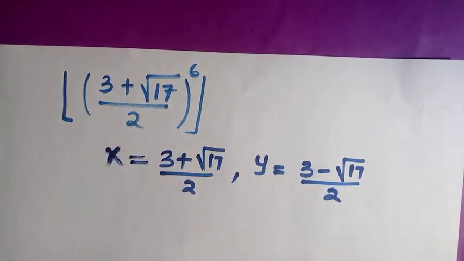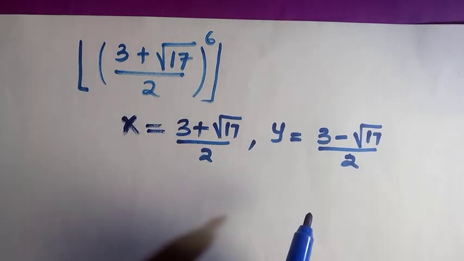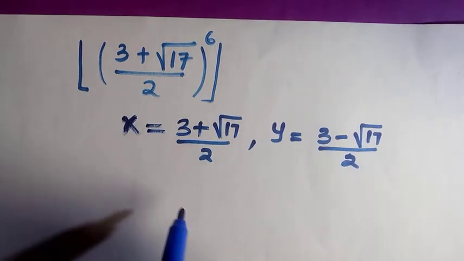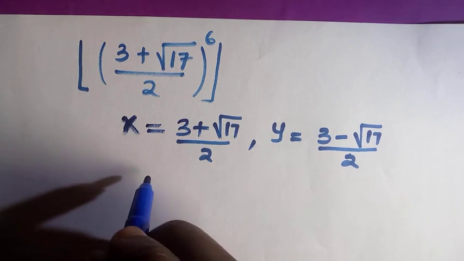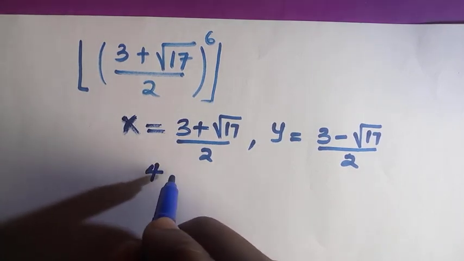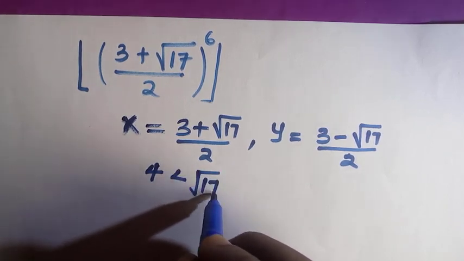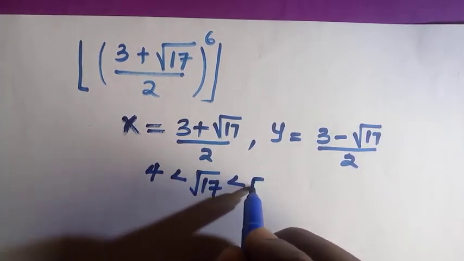And note that 17 is between 16 and 25, so the square root of 17 is something like 4 point something. Following this inequality, we know that 4 is less than root 17, and root 17 is less than 5.